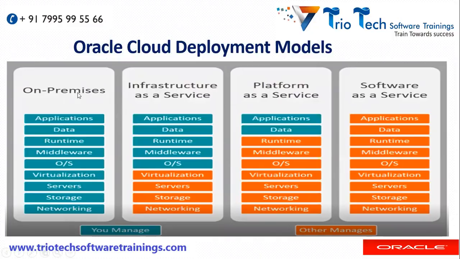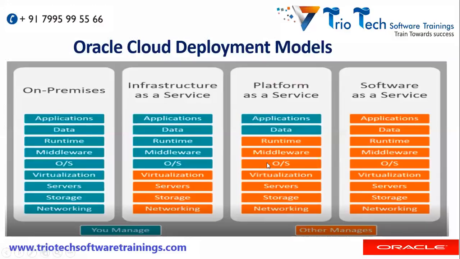When we talk about on-premise as well as infrastructure as a service, this deployment is your organization's choice to deploy and work on. When we talk about PaaS and SaaS, the operating system is predefined and already provided as an Oracle service, so you do not need to manage it.